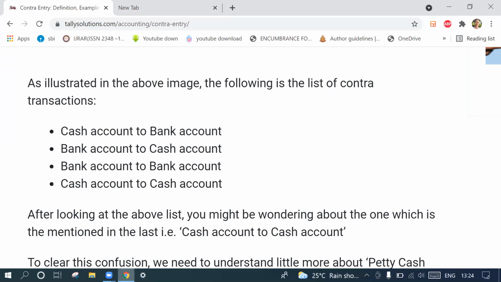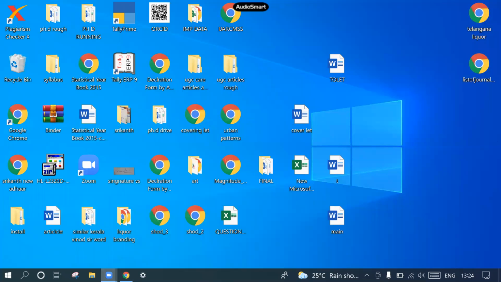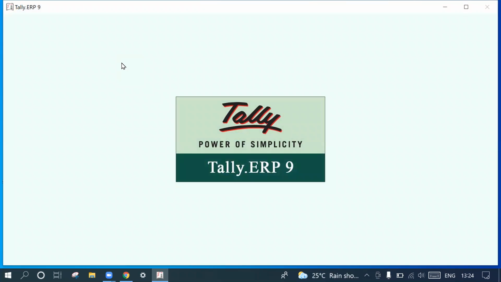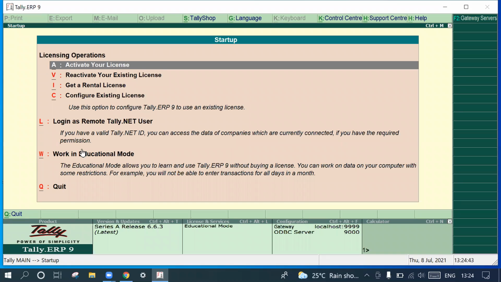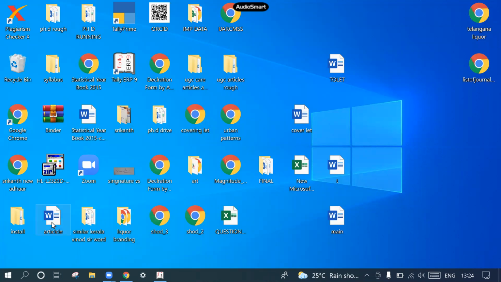For this, we need a problem, and we shall go to the Tally. Now this is the Tally, and we shall take a problem.